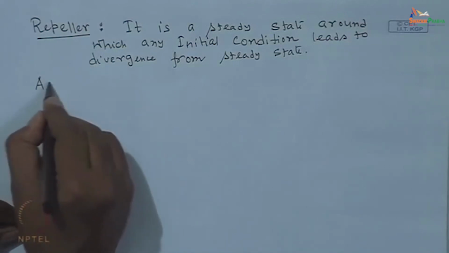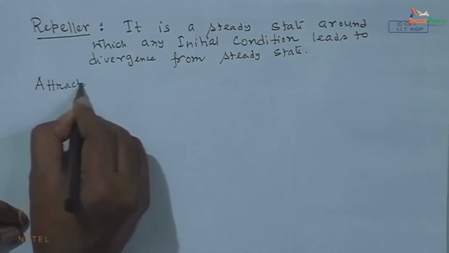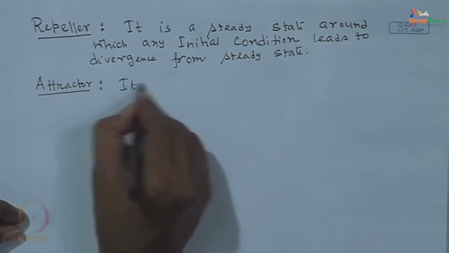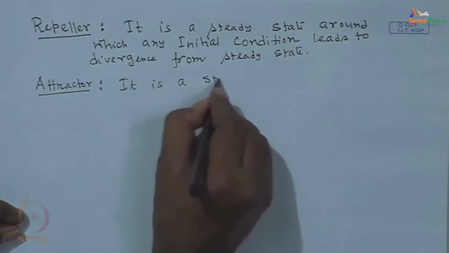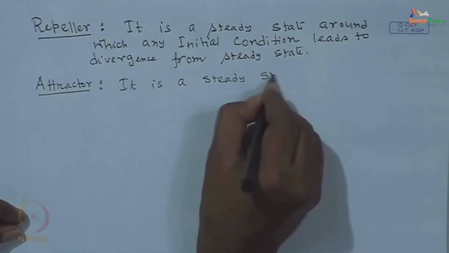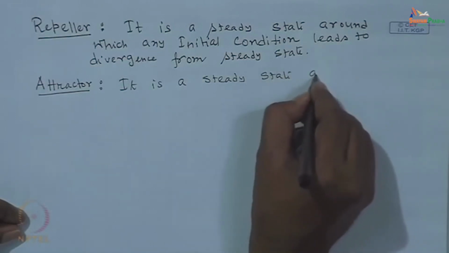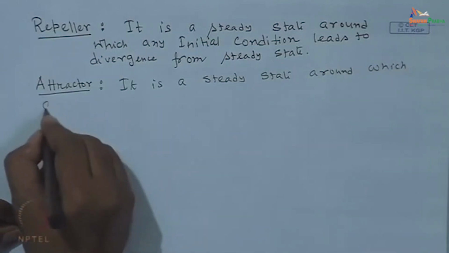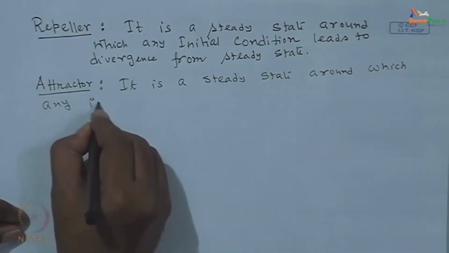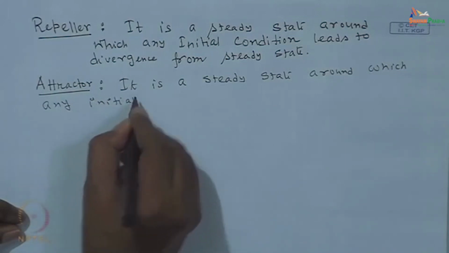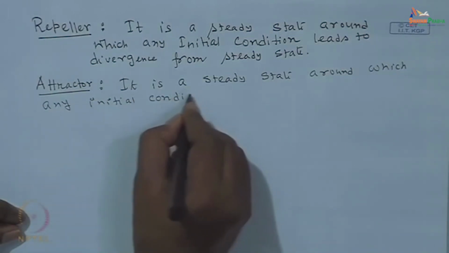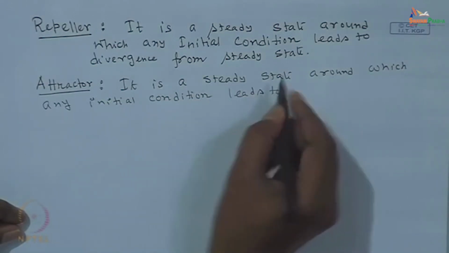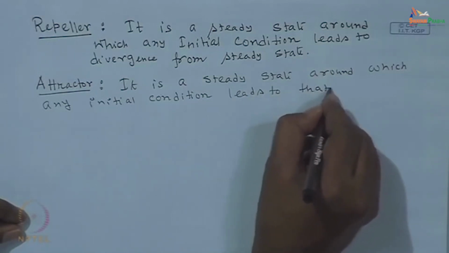Then attractor. This is a steady state around which any initial condition leads to that steady state.